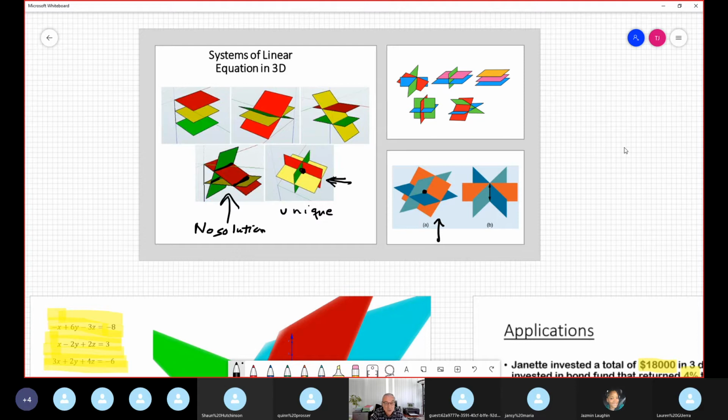Therefore, no solution. A similar situation happens here, no solution. Similar situation here, totally parallel planes, no solution. This is a unique solution; you need only one solution.